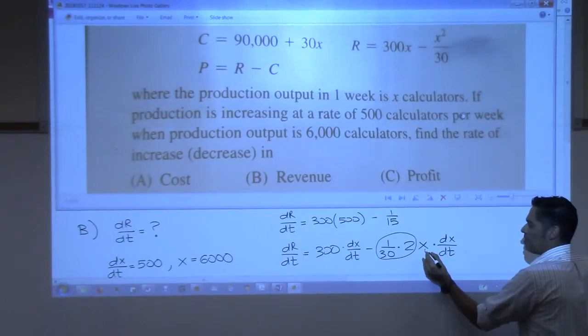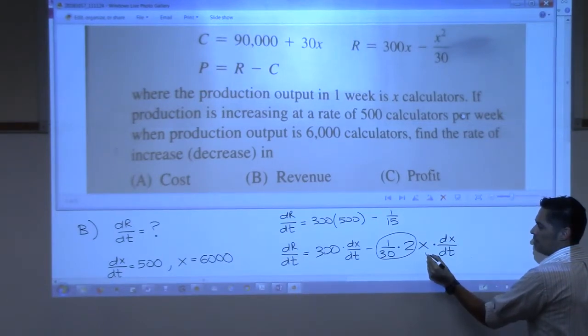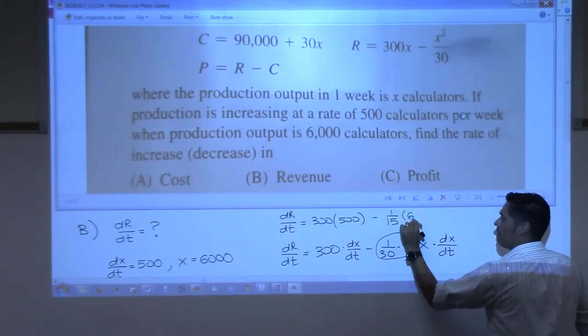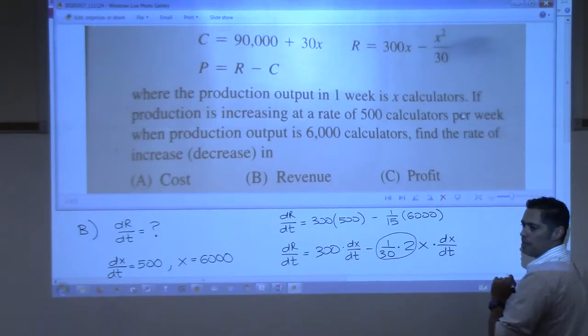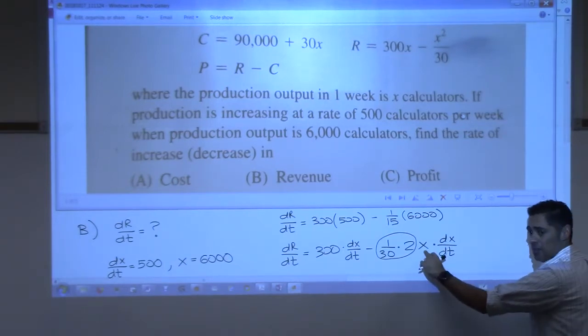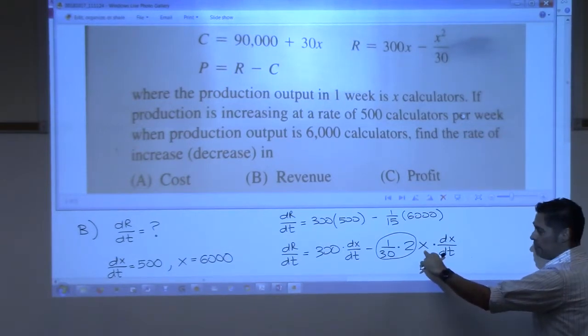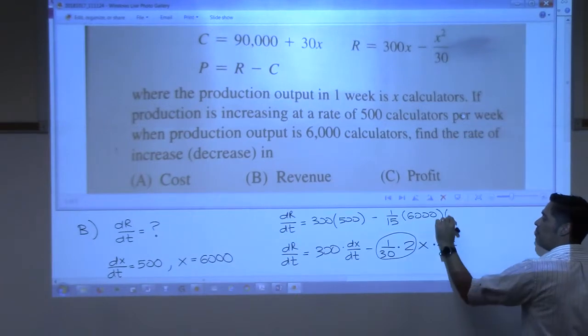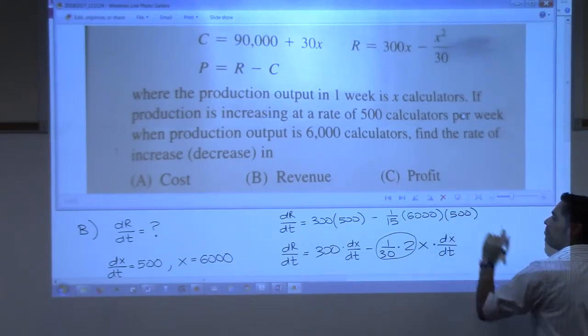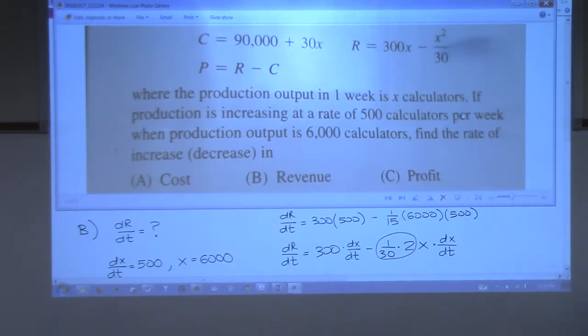And then x, what's x? Don't forget this x. This x is very important. It's 6,000. That 6,000 comes into play in this problem because we have an x here, where in the previous one we didn't. And then we also have dx dt, which is another 500. And now we get to multiply this all out.